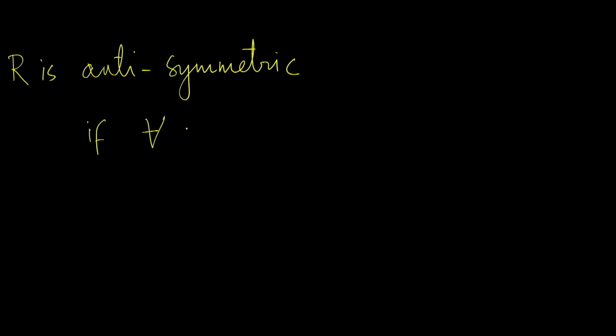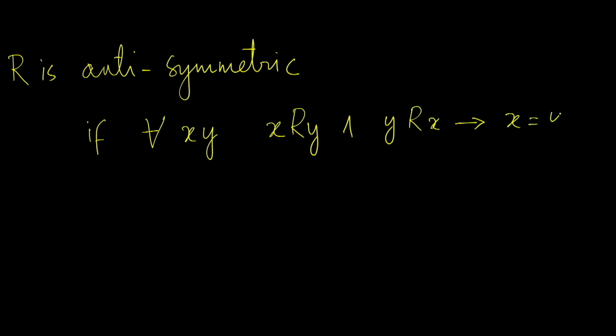We say that a relation is antisymmetric. We have seen symmetric relations before. We say that relation R is antisymmetric if for every x and y, xRy and yRx implies x equal to y.